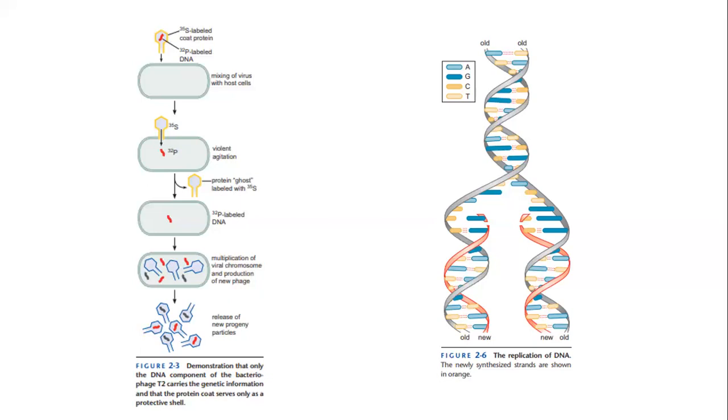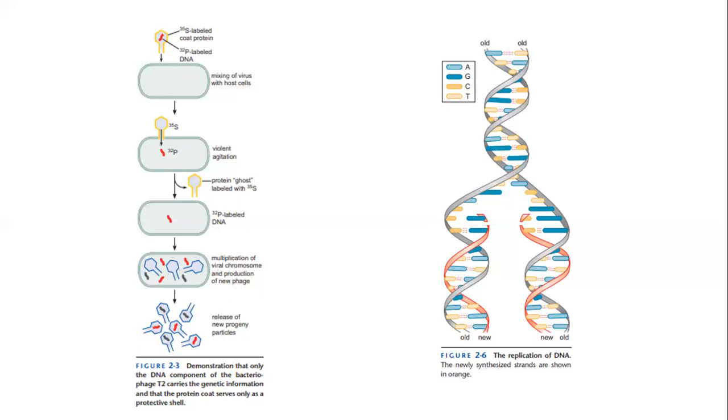In the double helix, the two DNA strands are held together by hydrogen bonds between pairs of bases on the opposite strands. So the hydrogen bonds are responsible for keeping the two strands of the double-stranded DNA helix together. And the base pairing is very specific.